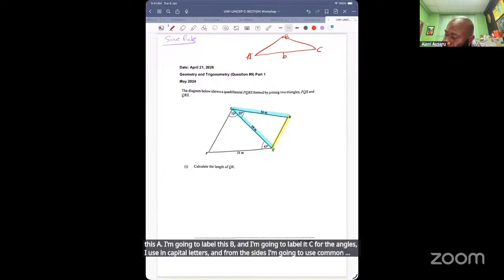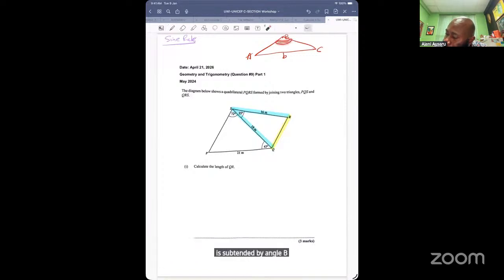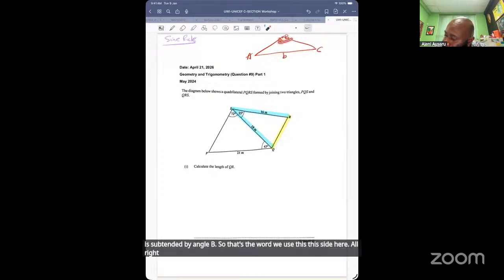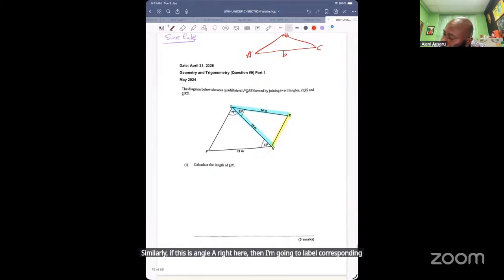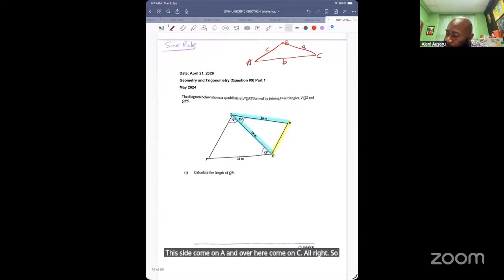So side b is subtended by angle B. That's the word we use: this side subtends this angle B. This angle corresponds to this side. It's across from it, or opposite to it. Similarly, if this is angle A right here, I'm going to label the side opposite it lowercase a, and over here lowercase c.